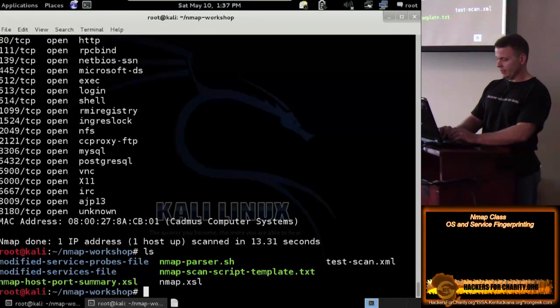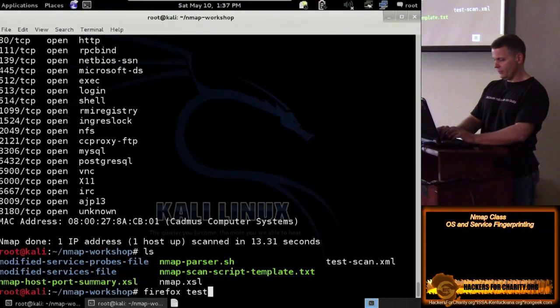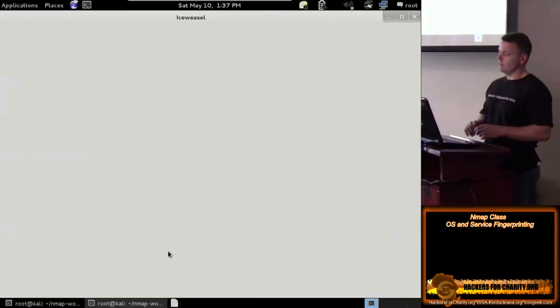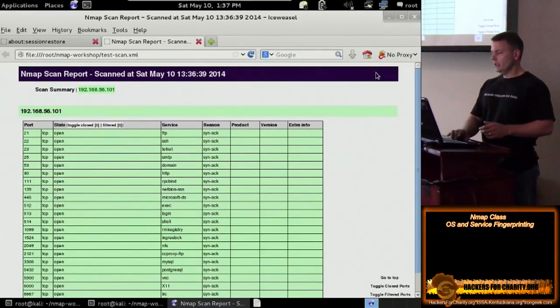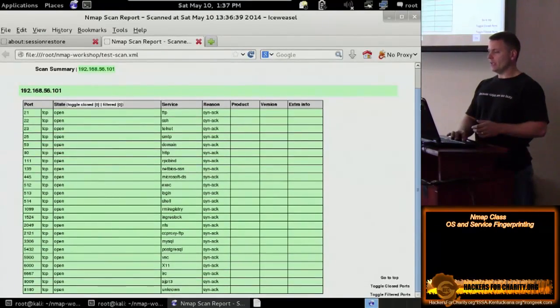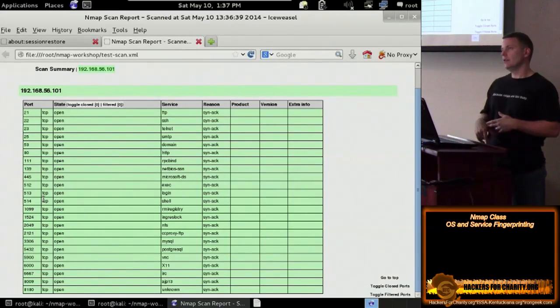Oh, there it is, testscan.xml, so Firefox testscan.xml. Basically you can see this is a stripped down version of the standard one that we made because we just wanted to dump these tables real quick.